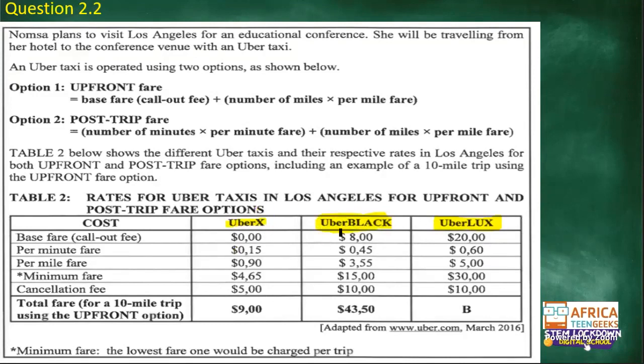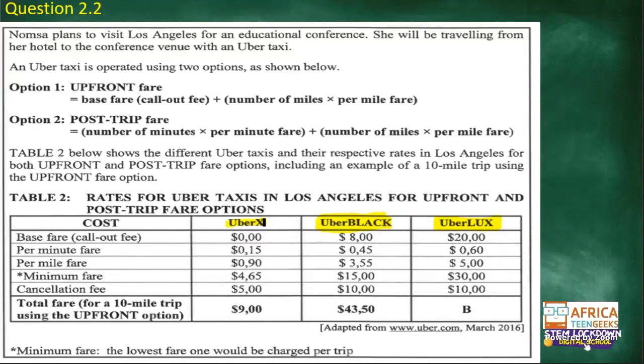Based on these numbers, you can see that Uber X is the cheaper option. Uber Black is more expensive than Uber X, but cheaper than Uber Lux. At the end of the day, you might be taking any of these three to the very same destination and you'll be paying different prices because of the type of car that is used.